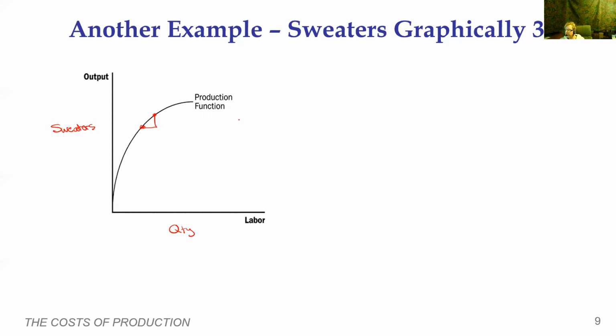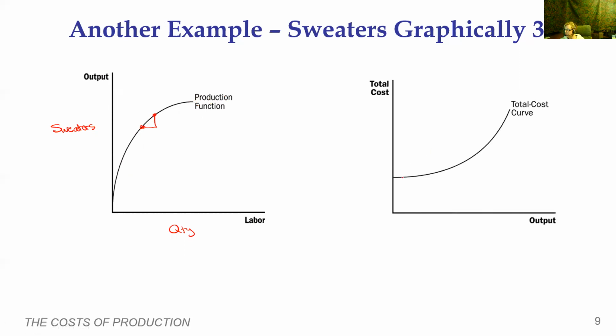Okay. Now, if we took this production function, and we were able to lift it off the screen and flip it over, we would end up with a total cost curve. Because right now we're only saying our only cost to this is labor.